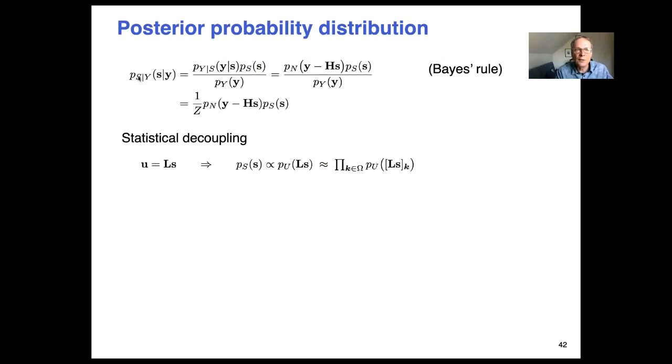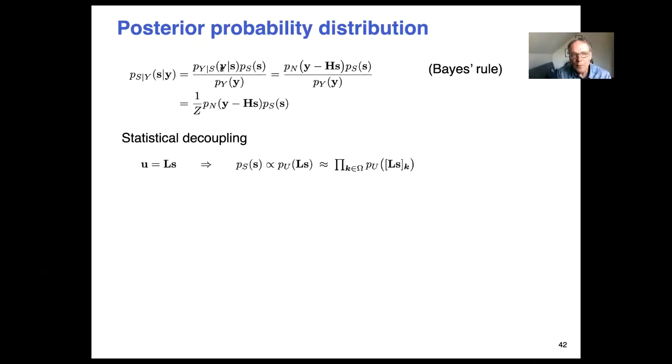S is the signal, Y are the measurements. What we really want, the important part, is the probability of the signal given the measurements. By Bayes' rule, it's the probability of the measurements given the signal multiplied by the probability of the signal, divided by the probability of Y, the measurements.